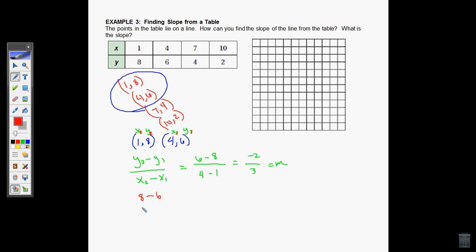Now x2 is 1, and x1 is 4. So when I evaluate, that's 8 minus 6, which is 2. That's 1 minus 4, which is negative 3. My slope is still negative 2/3. So no, it does not matter which one comes first. All that matters is that you keep clear that these two are the 2's, these two are the 1's. Or these two are the 2's, these two are the 1's. Alrighty?